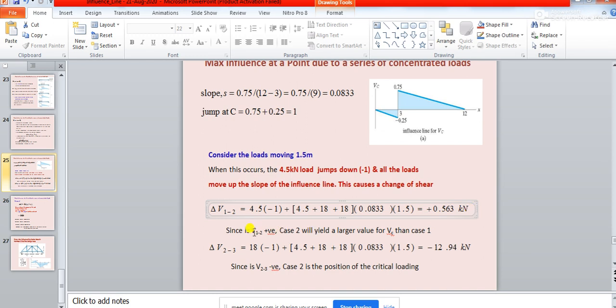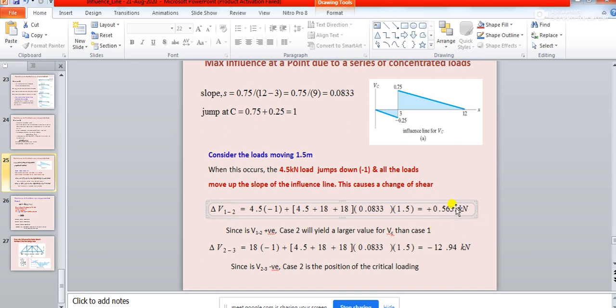Since V12 is positive, case 2 will yield a larger value for Vc than case 1. That means when this load is moving from case 1 to case 2, you are getting a positive value.